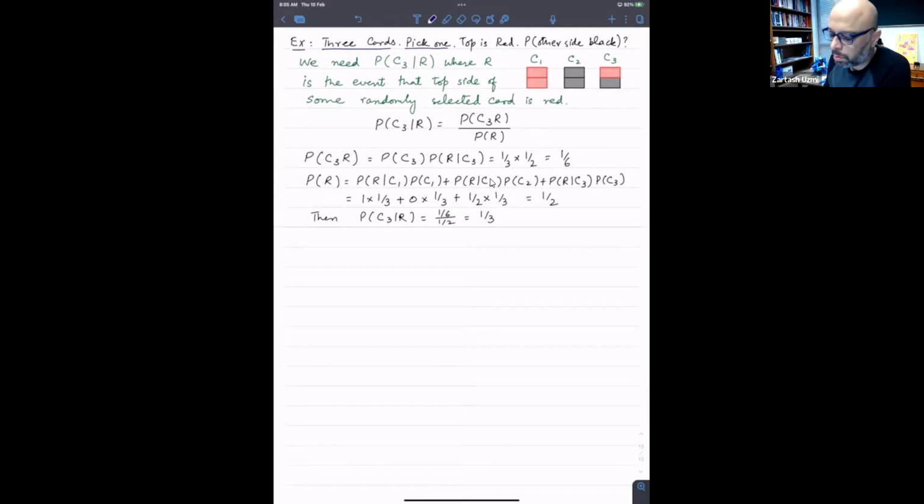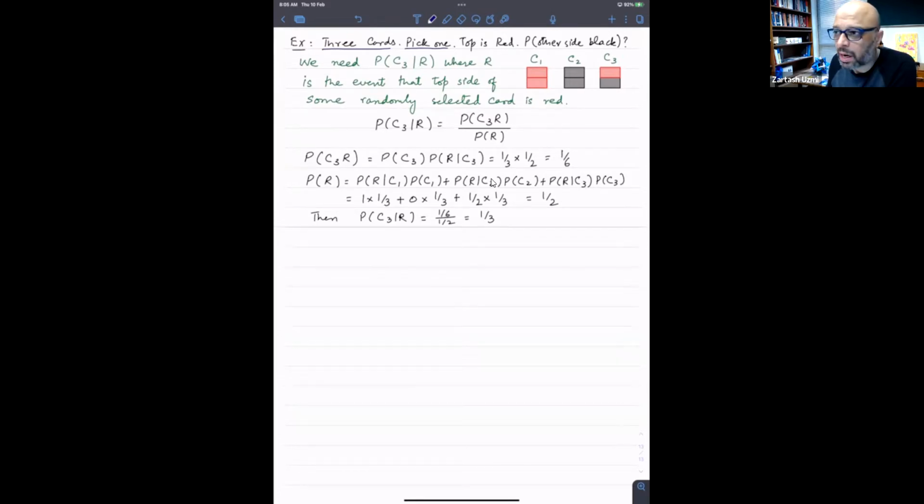When you pick one of the 3 cards, there is 1/3 probability that you will pick card 1, 1/3 probability you will pick card 2, 1/3 probability you will pick card 3. It doesn't matter which card you pick, the probability of picking a specific card is 1/3.